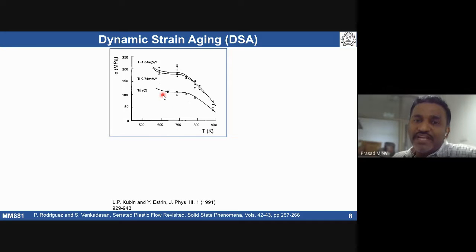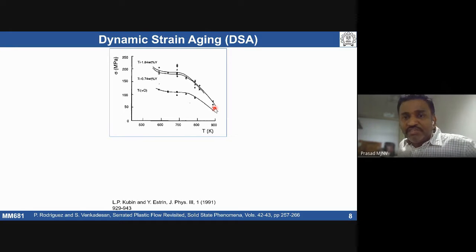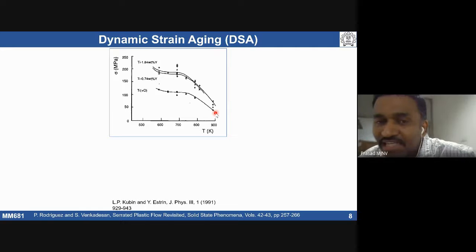We usually anticipate that the stress is supposed to decrease with temperature, because thermally activated processes like cross slip are going to take place during plastic deformation. So with increasing temperature, one can expect the flow stress or tensile strength of a material to decrease.